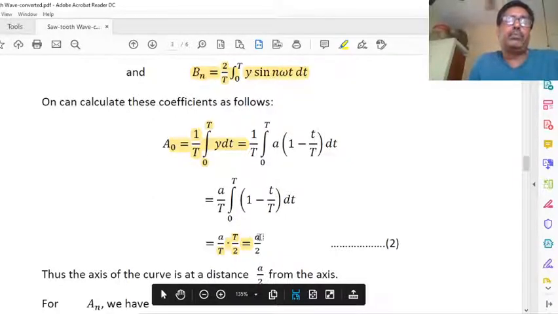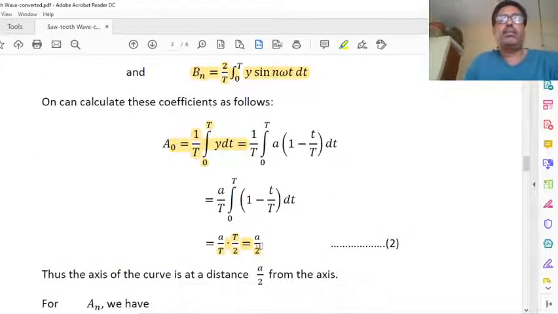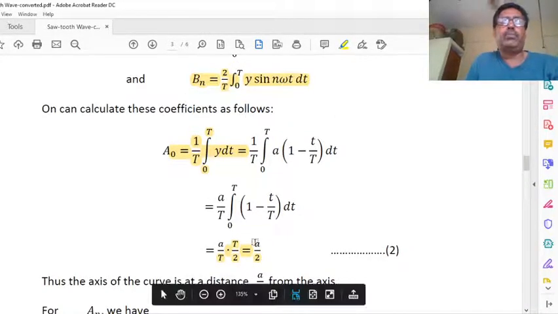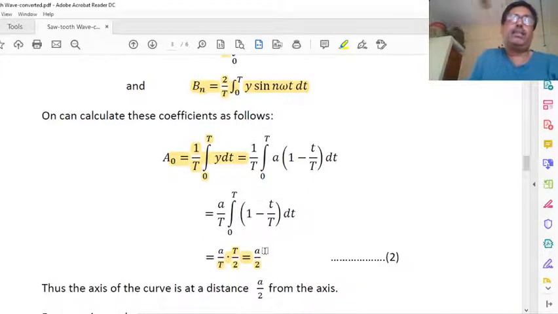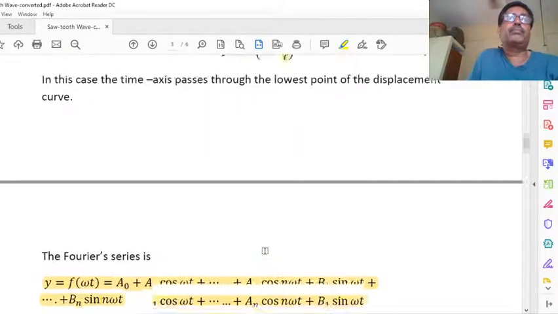Now you will think, what is the meaning of a0 equal to A by 2? What is its aim? Why get a0? Actually, the value of a0 determines the position of the ordinate axis. See here, I am coming to the figure.